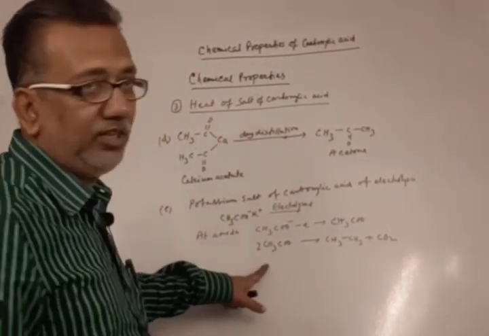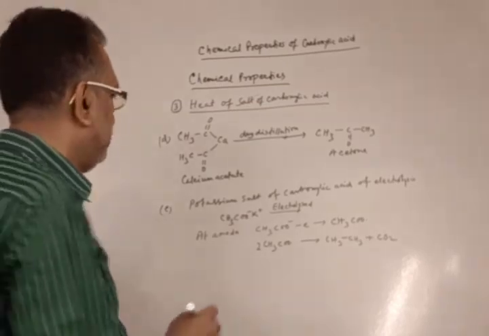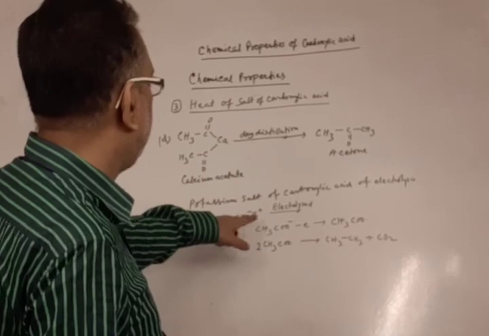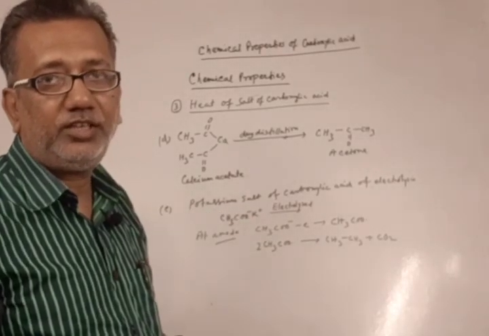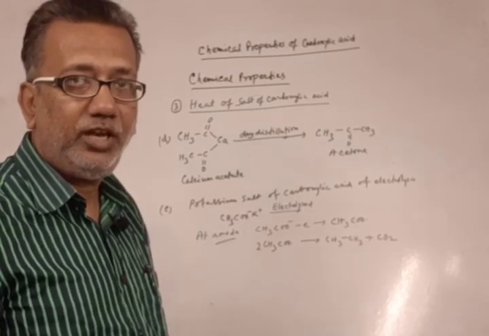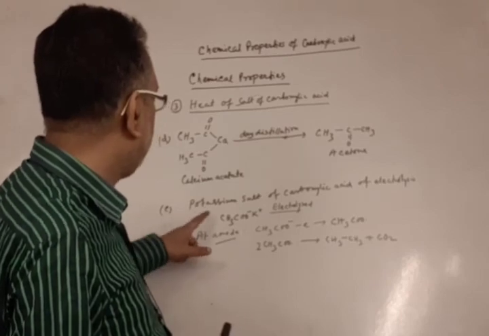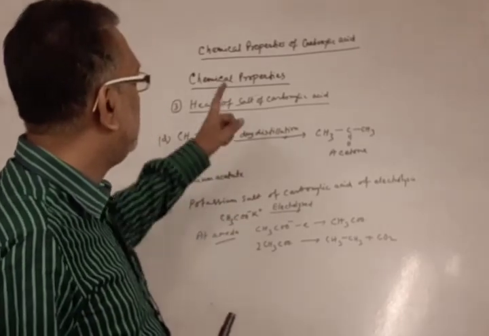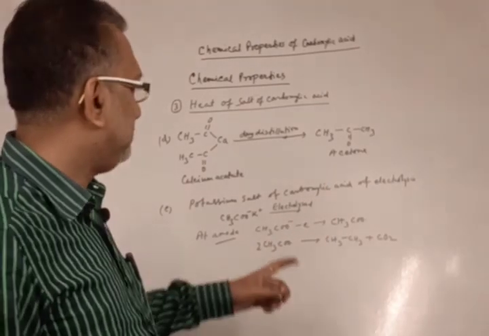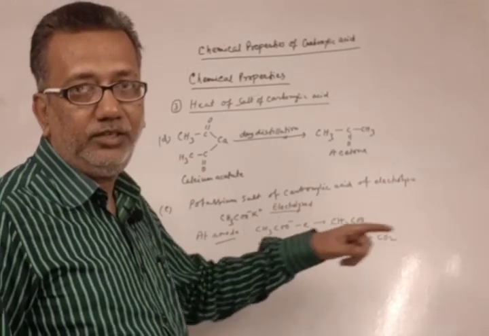So we are getting ethane and carbon dioxide at the anode, and at the cathode this potassium is discharged and reacts with water to give us potassium hydroxide and hydrogen. So this is another type of reaction of this salt of carboxylic acid, where when electrolyzed it gives us the corresponding alkane and carbon dioxide.